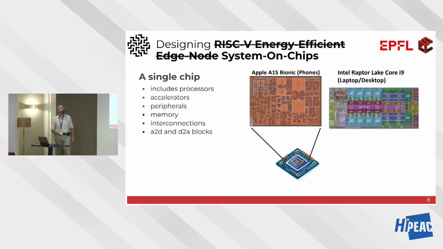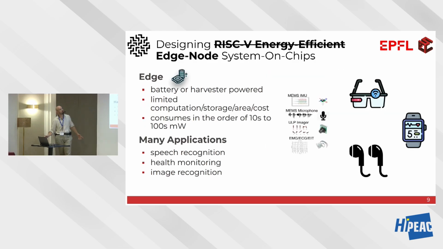Then there are graphic cards, but there are also security chips, system on chips tailored around crypto functions. But what is common among all of them is that in a single die there is a lot of stuff. Okay, so this is what system on chips are.